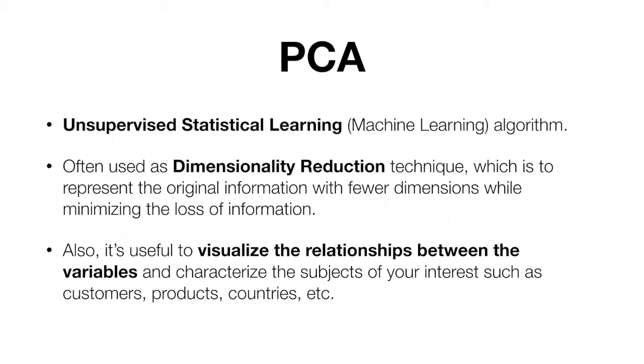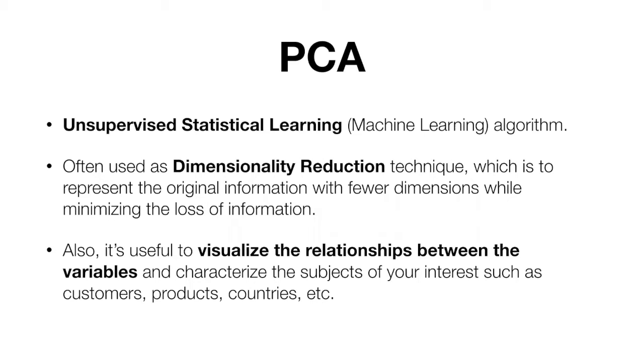Second, this is commonly known as a dimensionality reduction technique, a method to reduce the dimensionality of the data when you have, let's say, 50 columns about your customers or countries or employees. By using this type of technique, you can reduce the dimensionality to a few dimensions that are enough to still hold the information that the original data had.